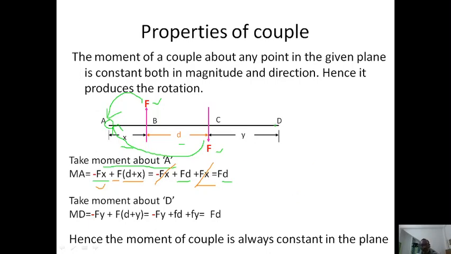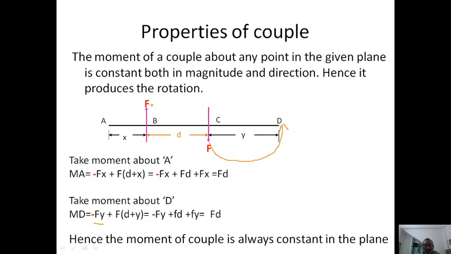And if you want to take a point on the right side of the couple, at a point D, then the same thing will happen. So for the force F here at a point C, the moment will be like this. If you consider from this point, the moment will be in anti-clockwise direction about D, hence I have taken it as the distance y. So minus Fy because it is anti-clockwise direction, F into y, minus Fy.